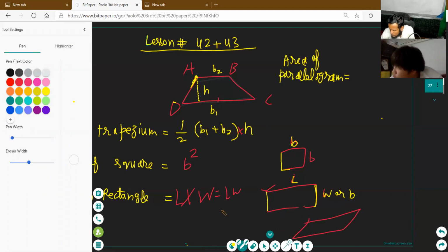You should choose the line tool. You can choose the line tool to make it perfect. You are not making it perfect. Choose the line tool. And write its area here. You can also write here. Area of a parallelogram.